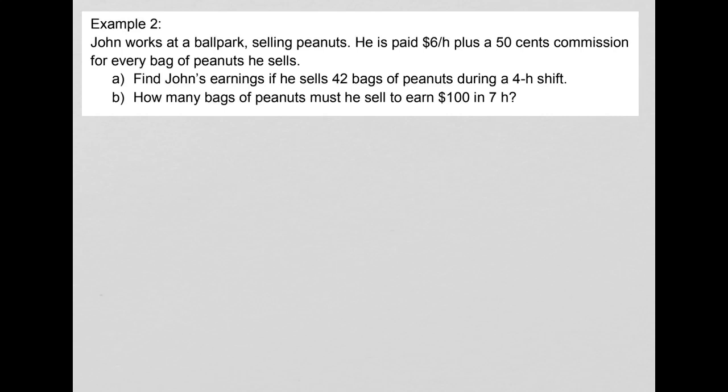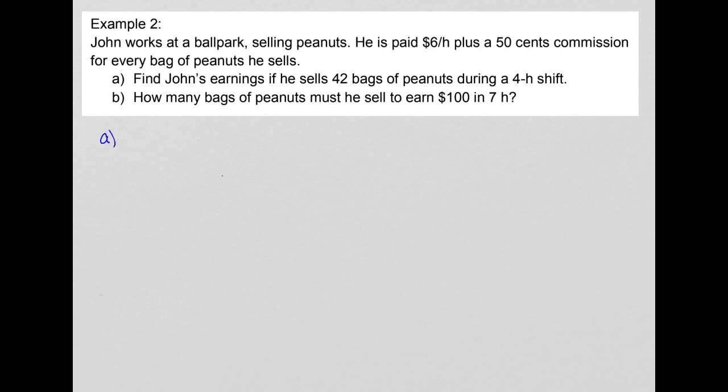Next, example 2. John works at a park selling peanuts. So he's getting paid $6 per hour plus 50 cents of commission for every single bag of peanuts that he sells. So, A, you want to find how much John earns if he sells 42 bags during a 4-hour shift.